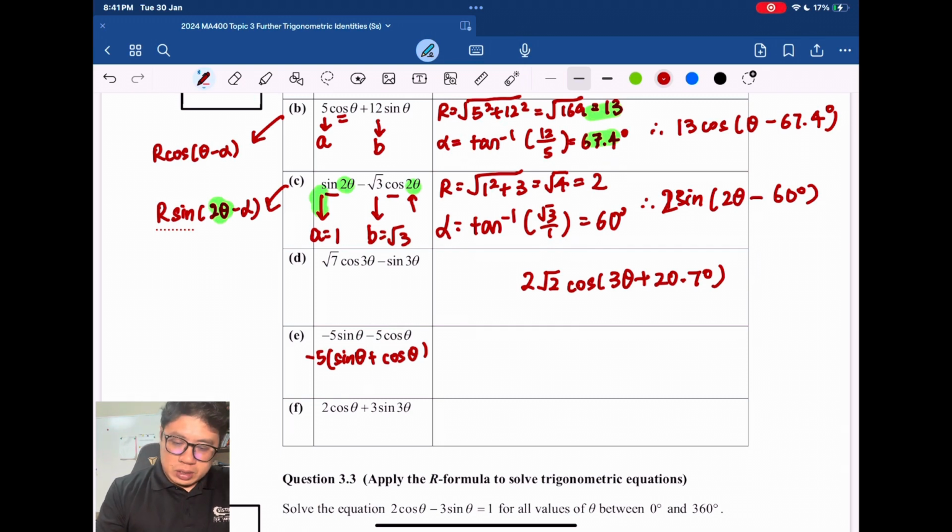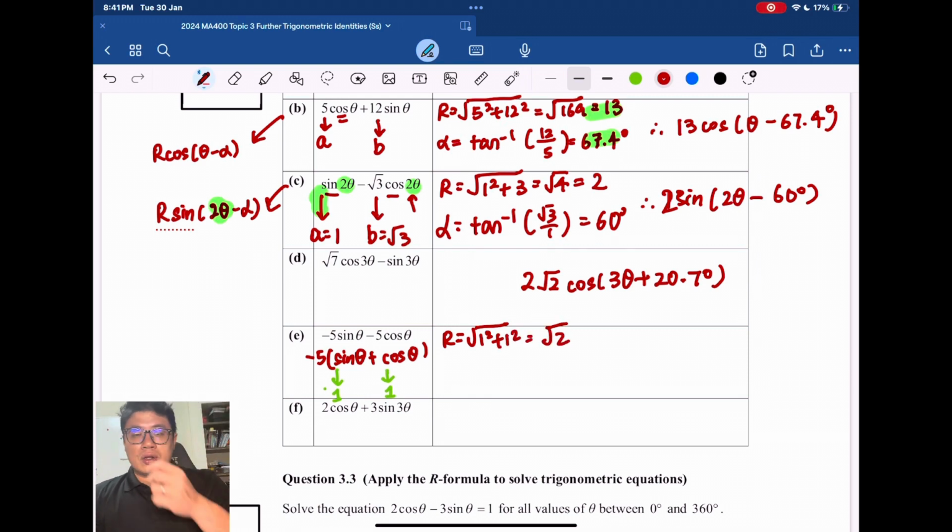So for this part, you can see that A is equal to 1 and B is equal to 1. Therefore, your R can be just square root of 1 square plus 1 square. So it doesn't mean that your R must be the coefficient, because remember that with your trigo function you can still use factorization. You can still factorize out any common factors. So here, if I identify that negative 5 is a common factor, just take it out. You don't have to use it.